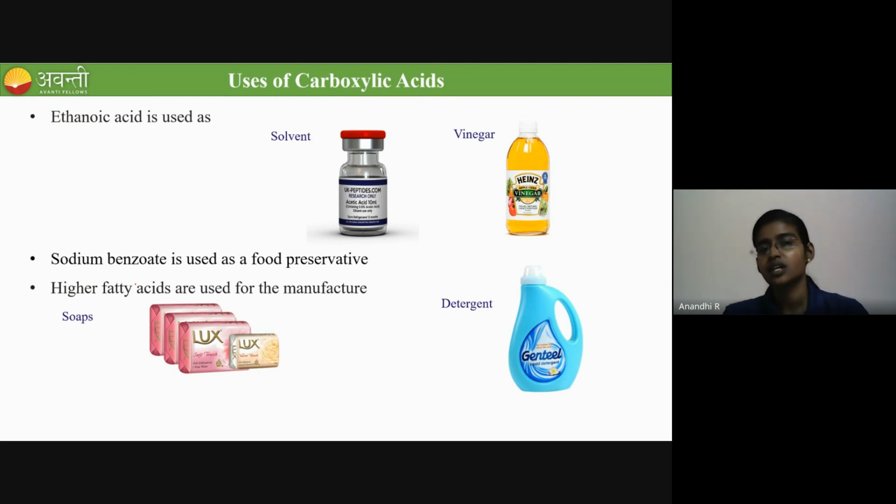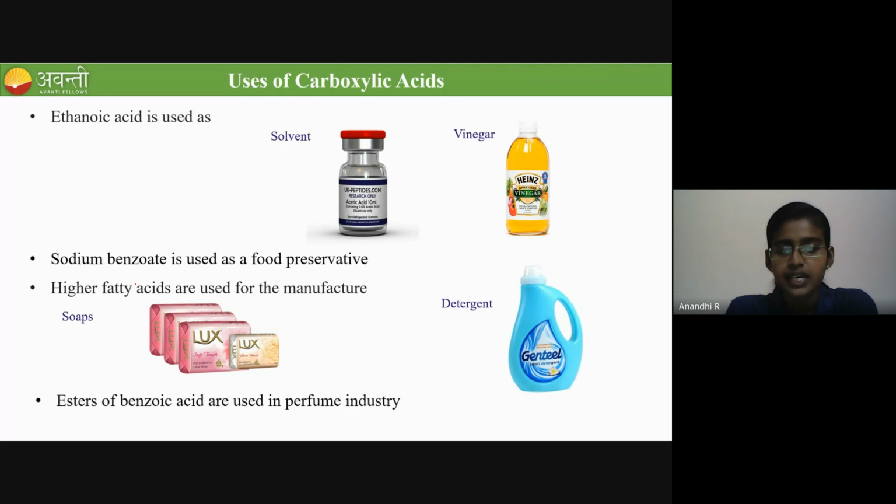You might have seen that reaction also. The salts of these carboxylic acids are in the detergents which we are using in our homes. And esters of benzoic acid are used in the perfume industry. Esters give a sweet smell, no? They give a good fragrance. So they are using it in the perfume industry.